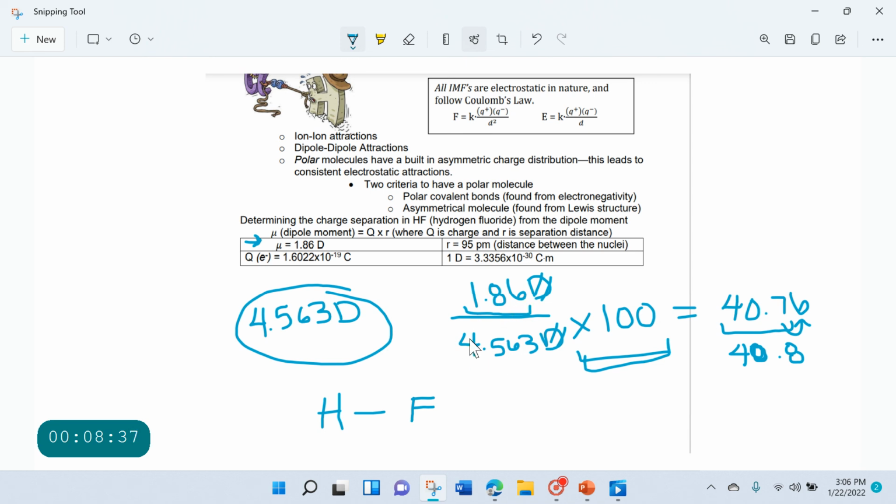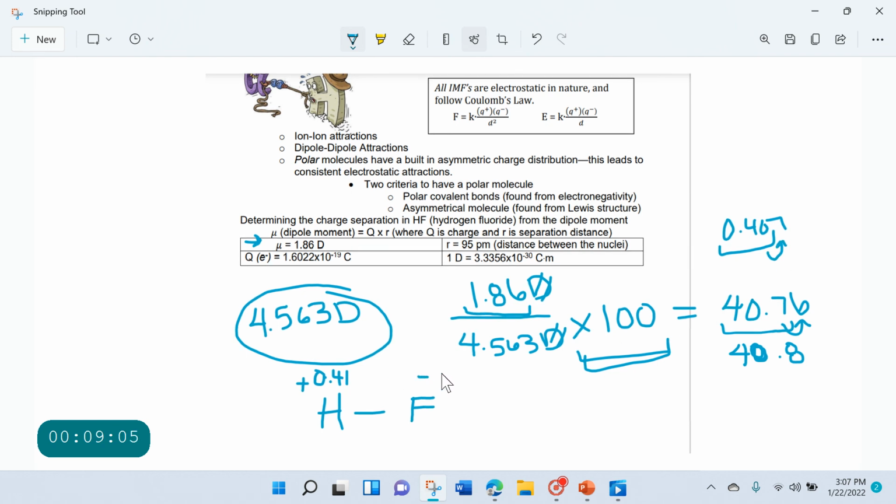So it would be 1.86 divided by 4.563, and that comes out to a plus for the hydrogen, right? It's always plus for hydrogen, and it's going to be 0.407, but it's rounded. If you're rounding this much of it, it's going to be 0.41.